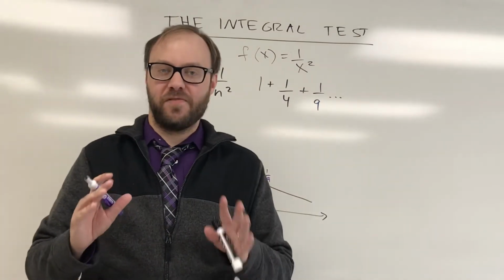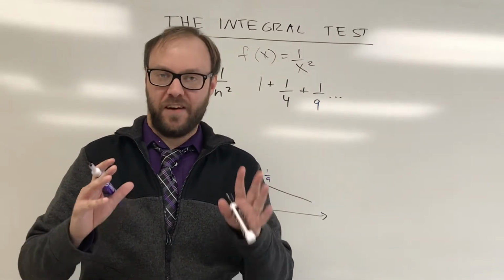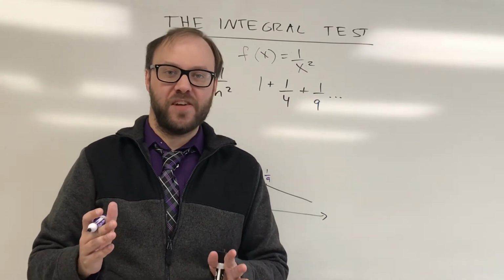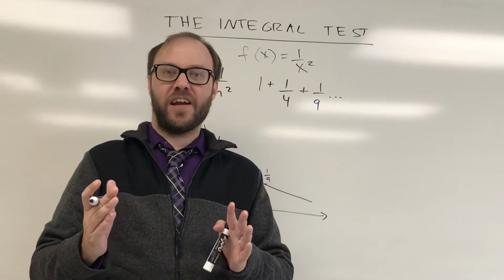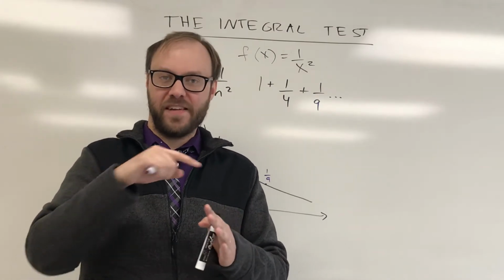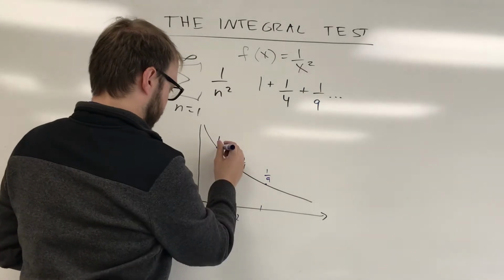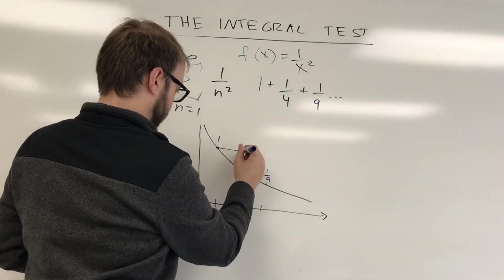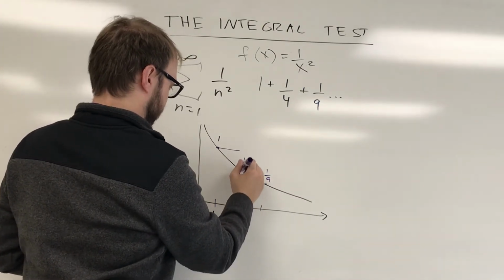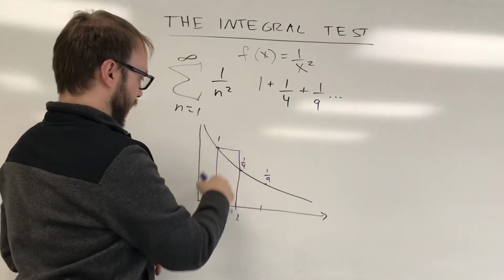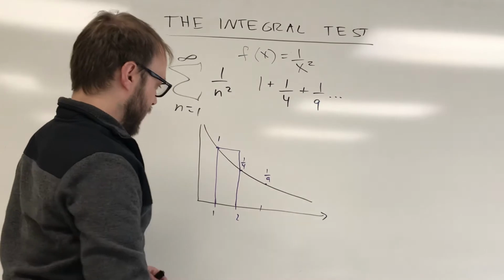Here's the concept of the integral test. What you're really going to do is represent your series using areas, okay? You're going to create rectangles that basically have a width of 1 and a height that's the functional value, okay? So, for example, I can create this rectangle here, okay? That rectangle has an area of 1, and that's my first term, okay?